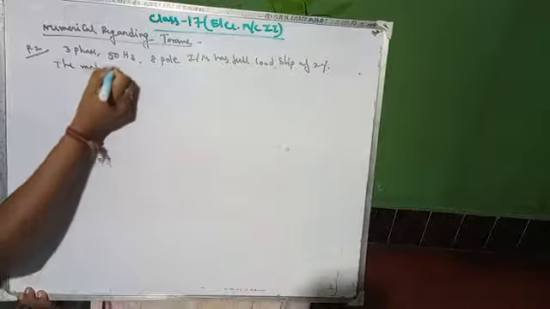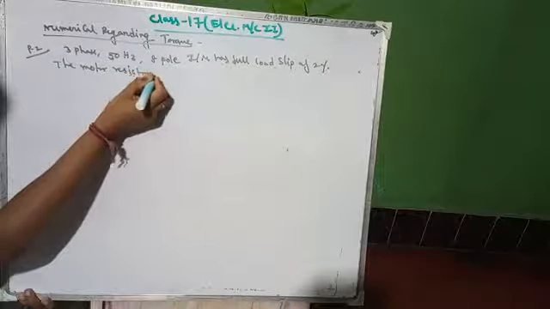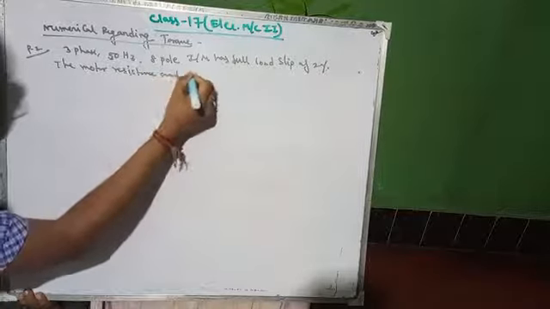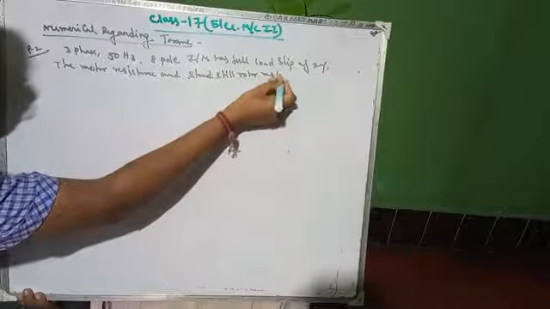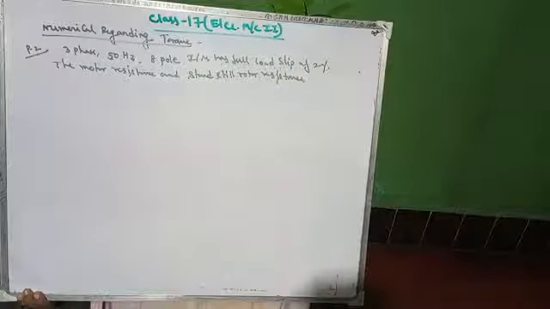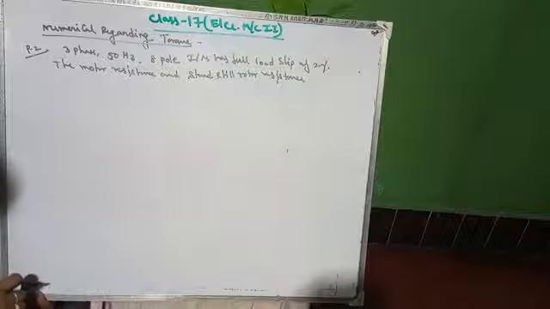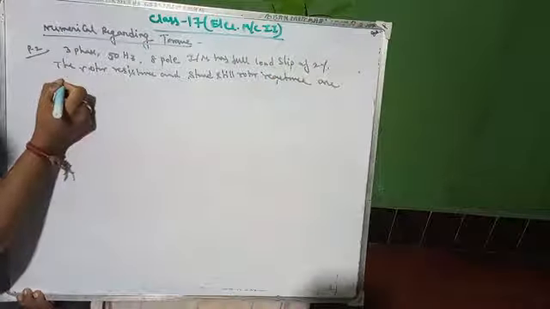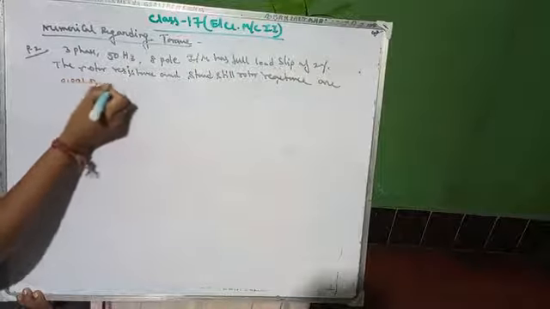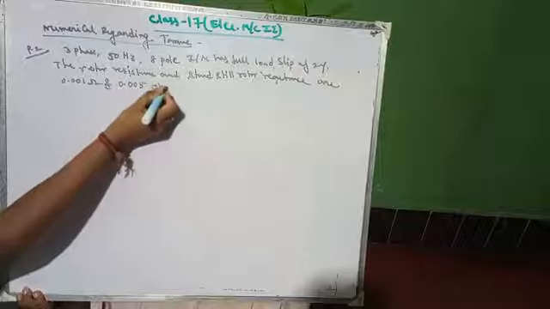The rotor resistance and standstill rotor reactance are 0.001 ohm and 0.005 ohm respectively. Find the ratio of maximum to full load torque.